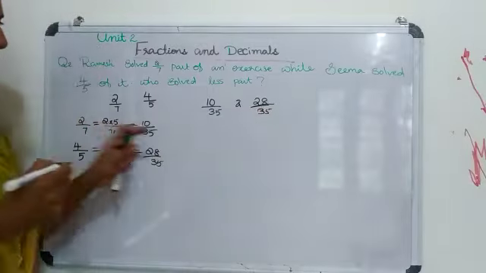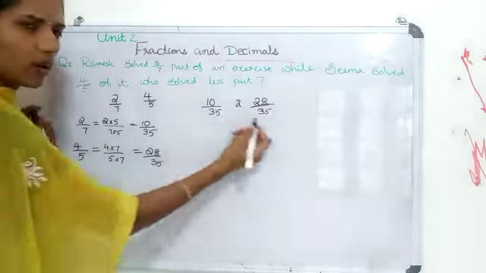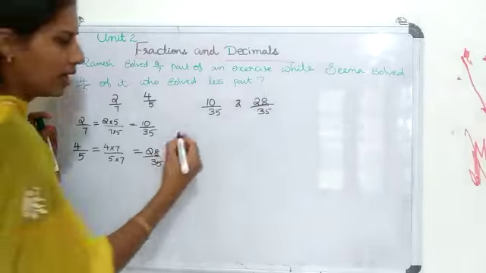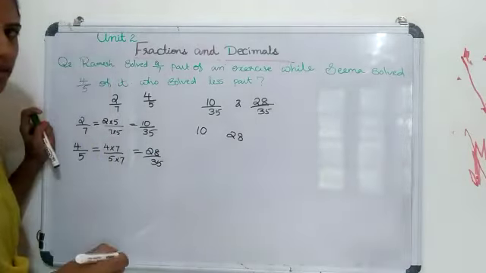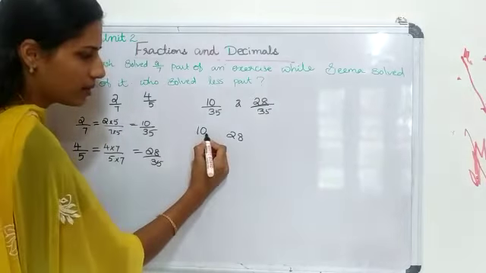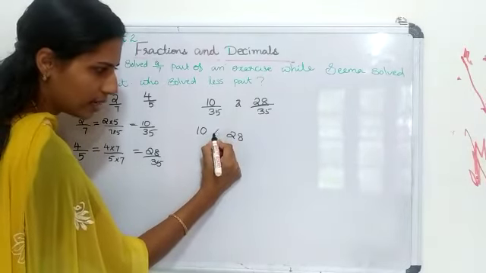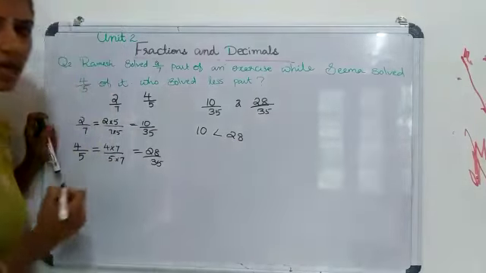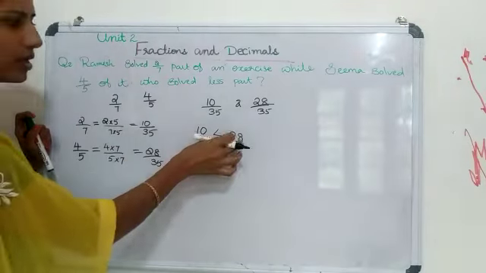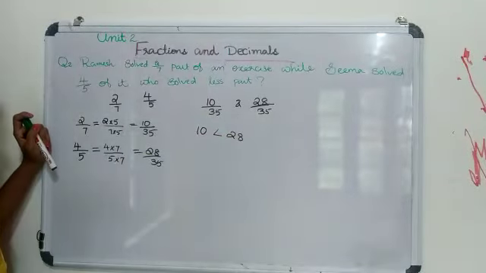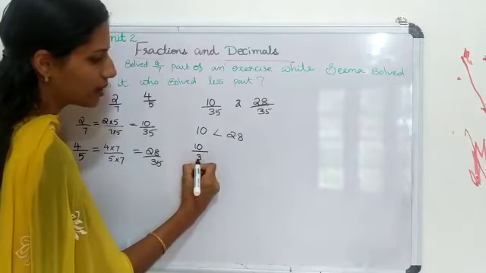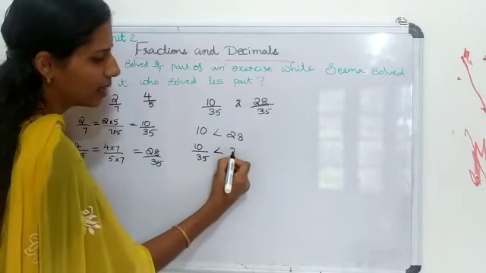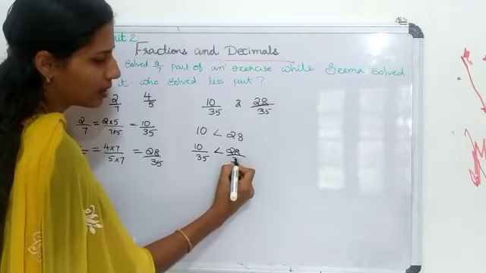Compare these two numbers. I told you these are like fractions. Between 10 and 28, which is the smallest? Yes, 10 is less than 28. So 28 is big and 10 is small. So obviously we can write 10 by 35 is less than 28 by 35.